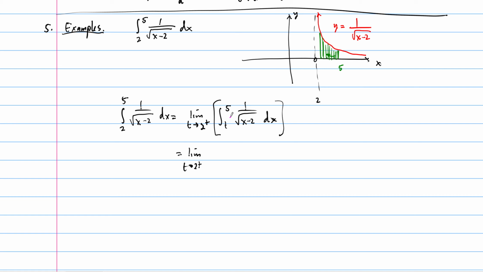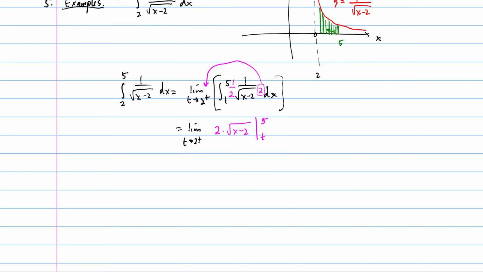If we put a 2 down below and a 2 upstairs, which actually this 2 I'm going to take out and move out here, then this becomes the derivative. So the derivative of a square root is 1 over 2 square roots. Derivative of square root u is u prime over 2 square roots of u. So this is just 2 times the square root of x minus 2, and then plug in these bounds.